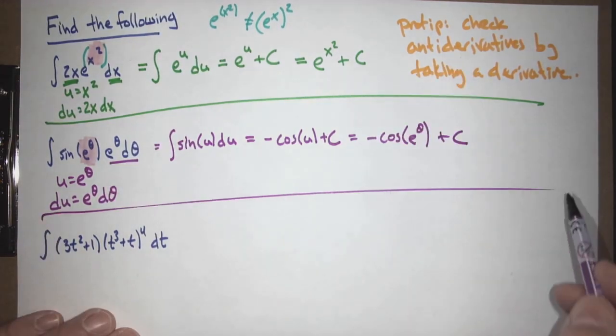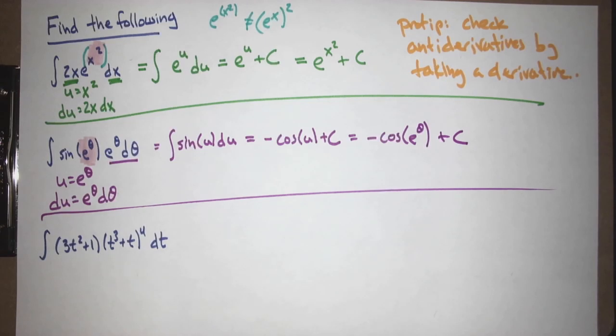All right. Our last one. Integral of 3t squared plus 1 times t cubed plus t to the fourth. Now, there are ways that we can do this which don't involve substitution. We could take t cubed plus t and raise it to the fourth power if we wanted to.